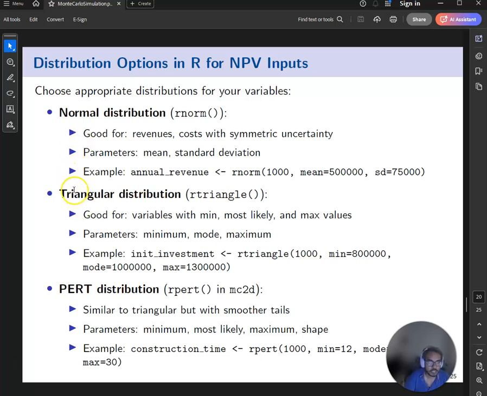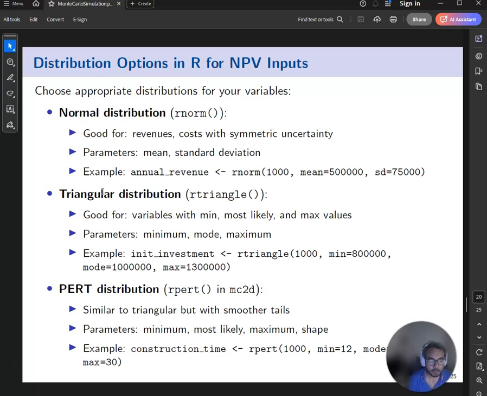A triangular distribution is good for variables where you have a minimum, the most likely, and the max value. So if you have a variable which has some minimum value, some max value that can happen, and some values that are most likely to happen, a triangular distribution does a good job of capturing that variable.